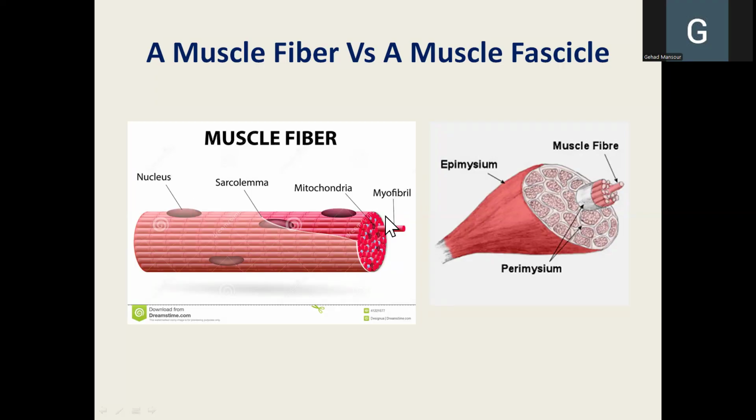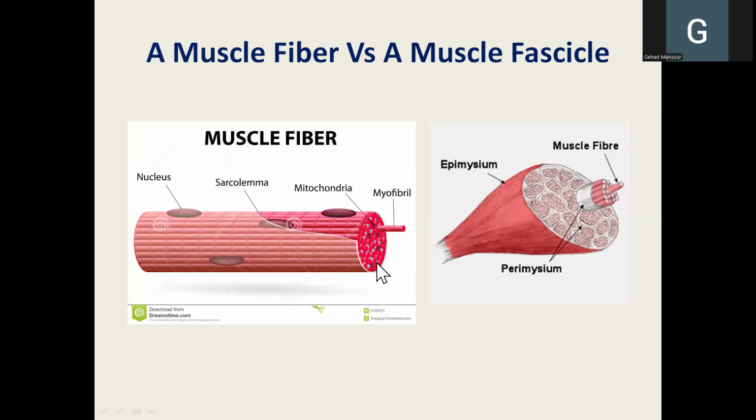And since this is a muscle cell, it should be surrounded by a cell membrane, which is called the sarcolemma. Of course, this picture is an electron microscopic picture because we cannot see the sarcolemma clearly under the light microscope. We cannot see the mitochondria under the light microscope, but we can see them under the electron microscope.